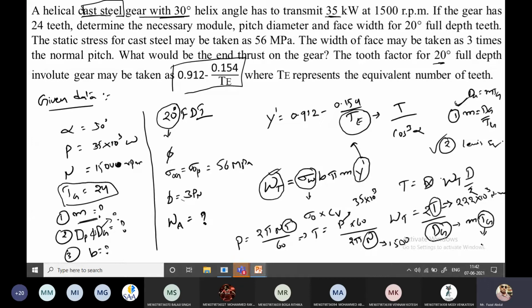Tg is 24. Now tell me the tangential load acting on the gear material. Tangential load how much? Do it fast.